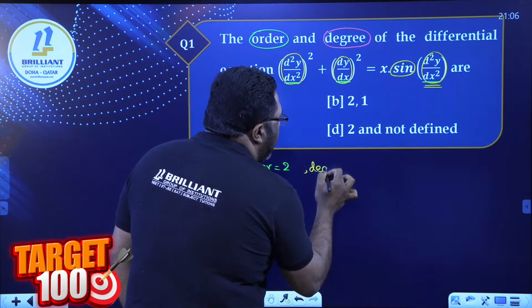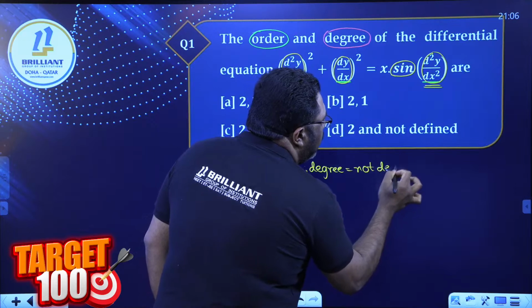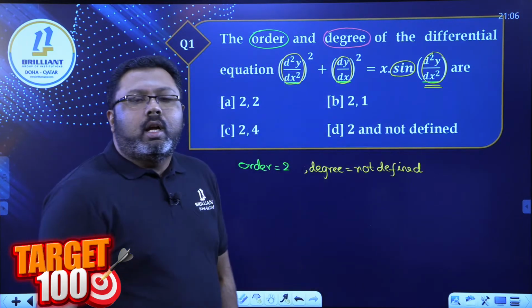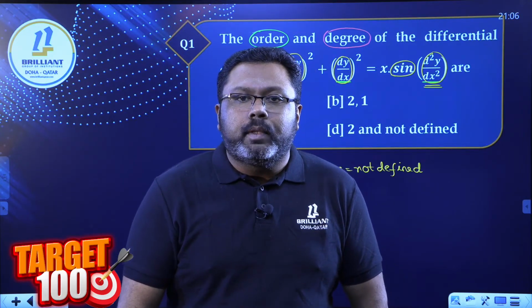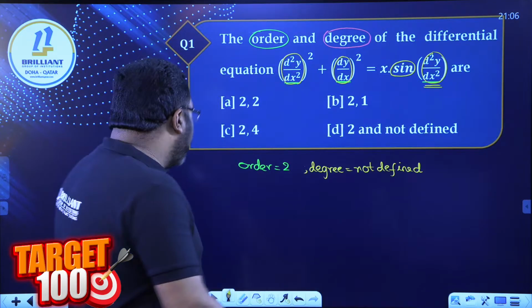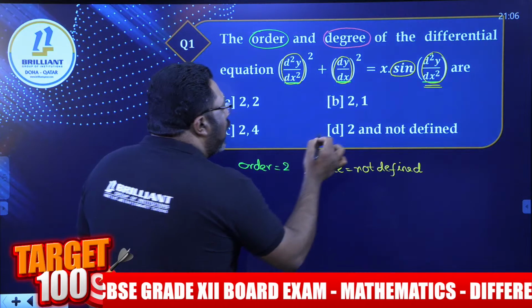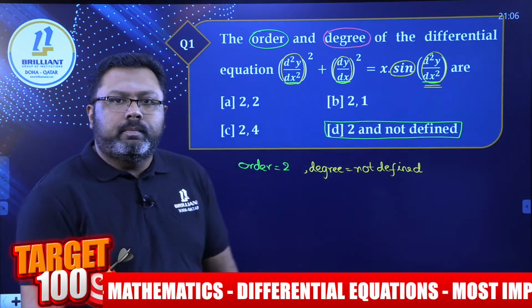So when do you say that degree is not defined? When any of the differential coefficients are inside a non-polynomial function, we say the degree is not defined. So the answer is order 2 and degree not defined.